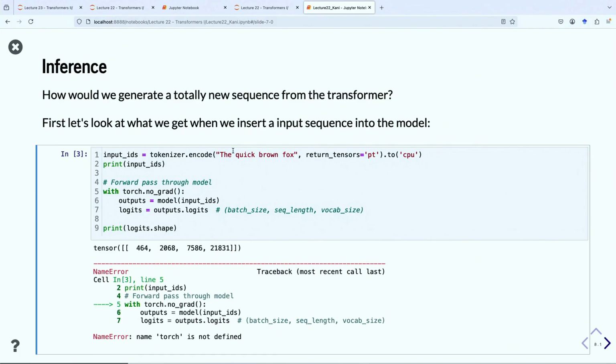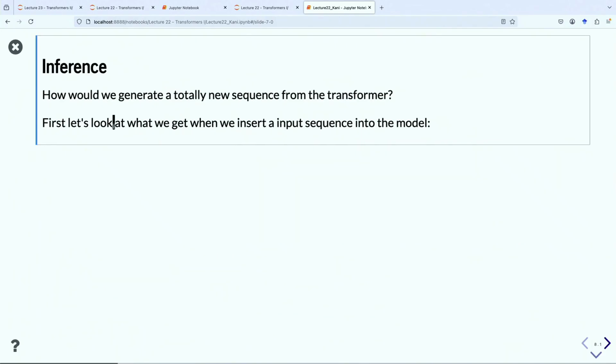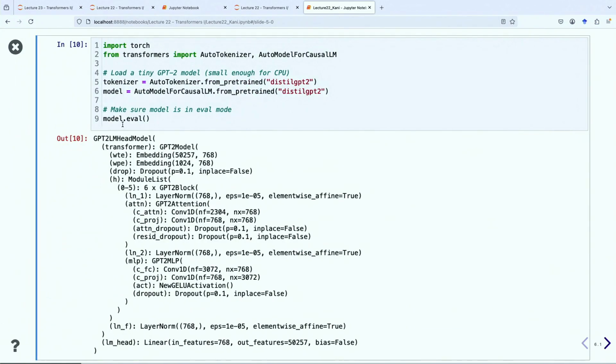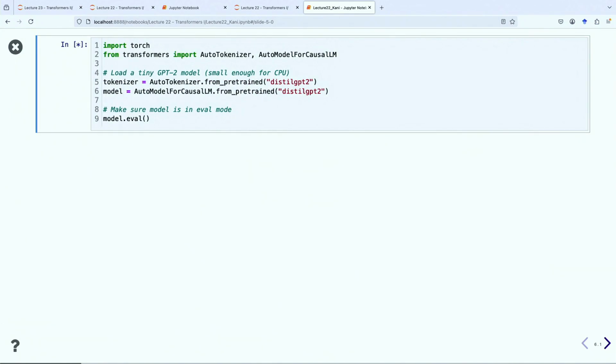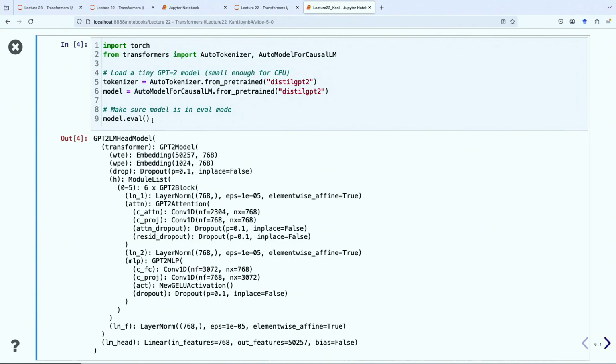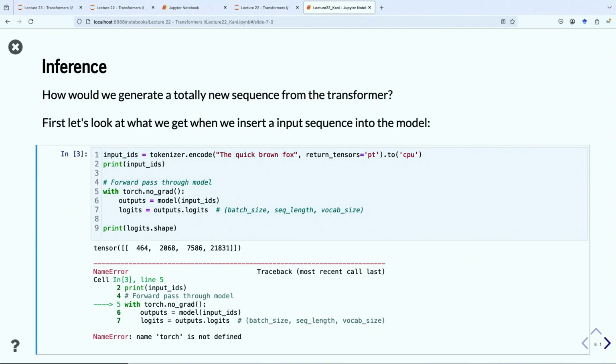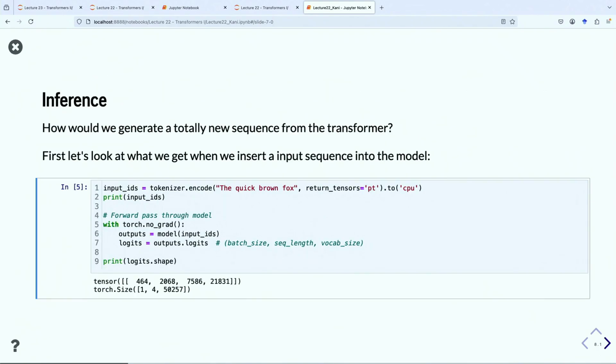You know it's defined. Okay, yeah, that works.